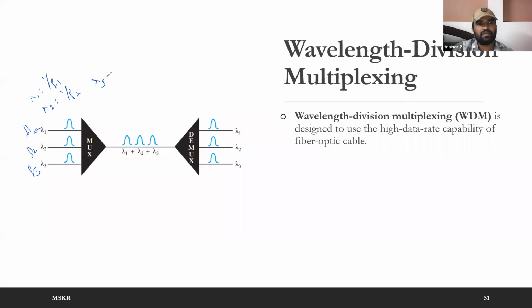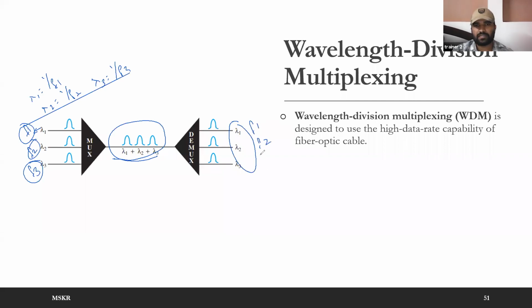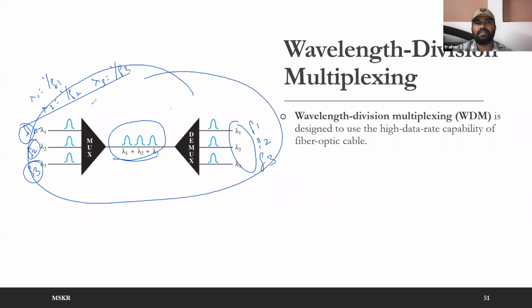Lambda 3 is equal to 1 by f3. So you are combining 3 frequencies together and you are sending those 3 frequencies using the same medium. On the receiving side, you are separating those frequencies. So this is literally the same as frequency division multiplexing, but where you are using this technique is different.